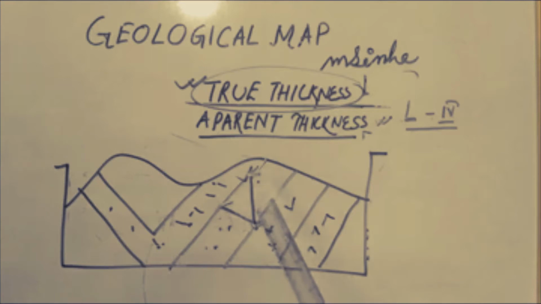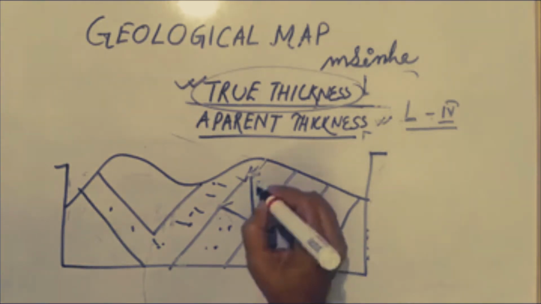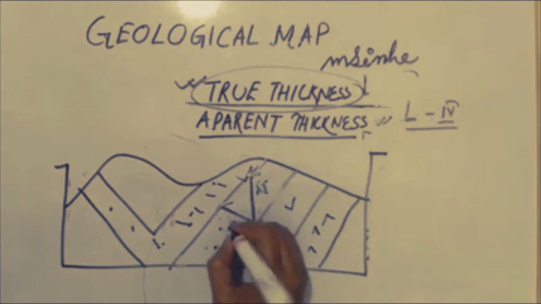The angle here is 90 degrees. For apparent thickness, from that point you draw a vertical line that touches the upper and lower boundaries of the bedding plane, take this linear distance and convert it into the map scale. This is the easiest way to measure the apparent thickness and true thickness.